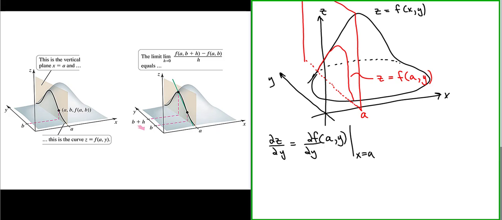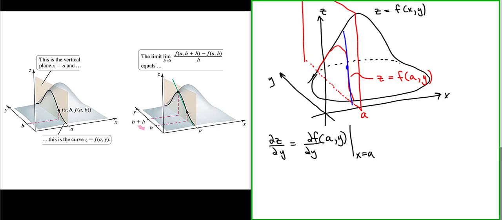So we now have our equation for our curve of intersection. It is essentially our function f holding x constant. And so if we want to evaluate the partial derivative at a point on this curve, let's take a point right there. That is going to be equivalent to the slope of the tangent line on that curve of intersection.